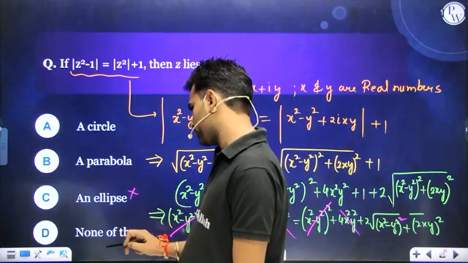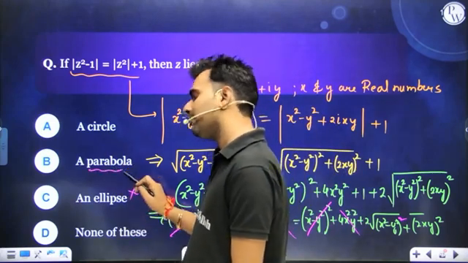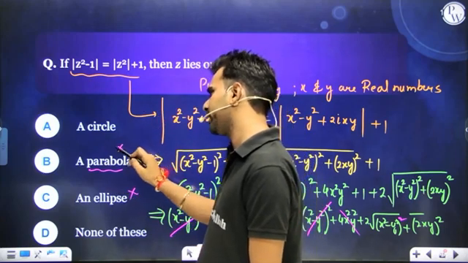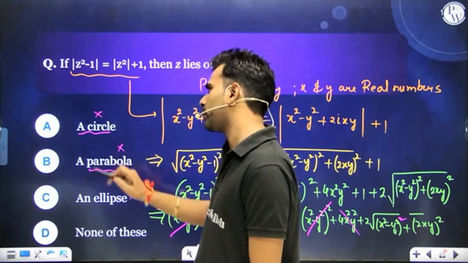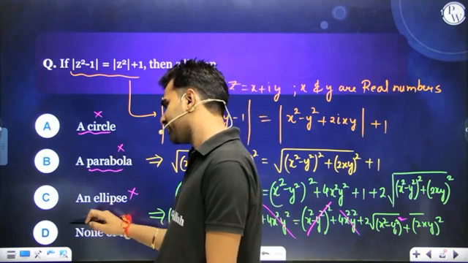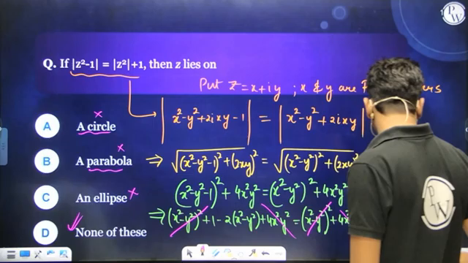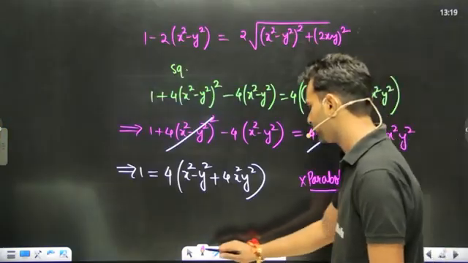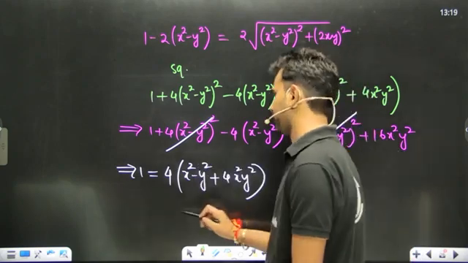In the parabola, one variable's power is 1 and the other variable's power is 2. So this is not the answer. In a circle, the coefficient of x square and the coefficient of y square are both equal. So rather it is a hyperbola. So the answer has to be D for Delhi. This is a hyperbola.